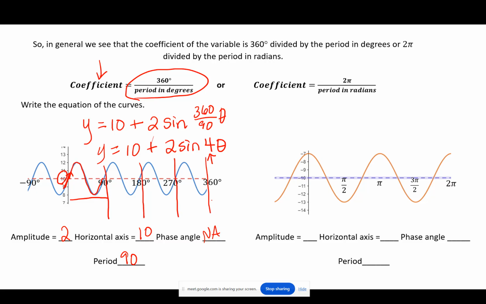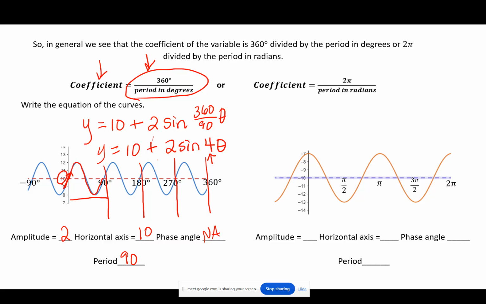So it takes 360 degrees to complete 4 cycles. And so that's the coefficient on theta. But you may be able to remember this more easily. To find the coefficient on theta, you simply divide 360 by the period. The period is 90 degrees, how long it takes this graph to complete 1 full cycle.